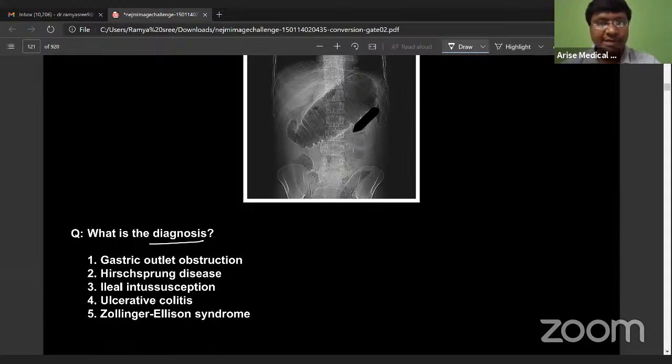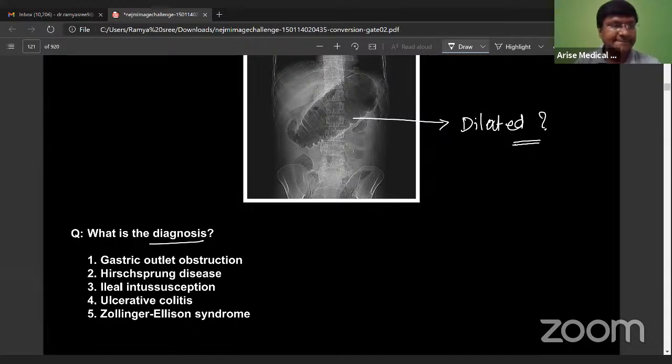See, where do you have this dilatation? What is the structure which is being completely dilated? Where is that particular gaseous shadow you are able to make out? What is that structure, first of all? Any one of you?